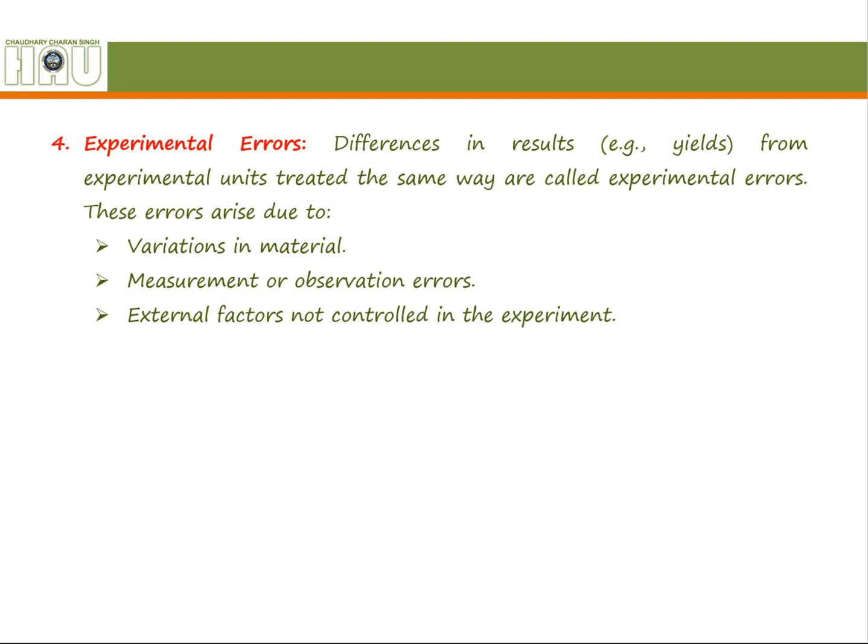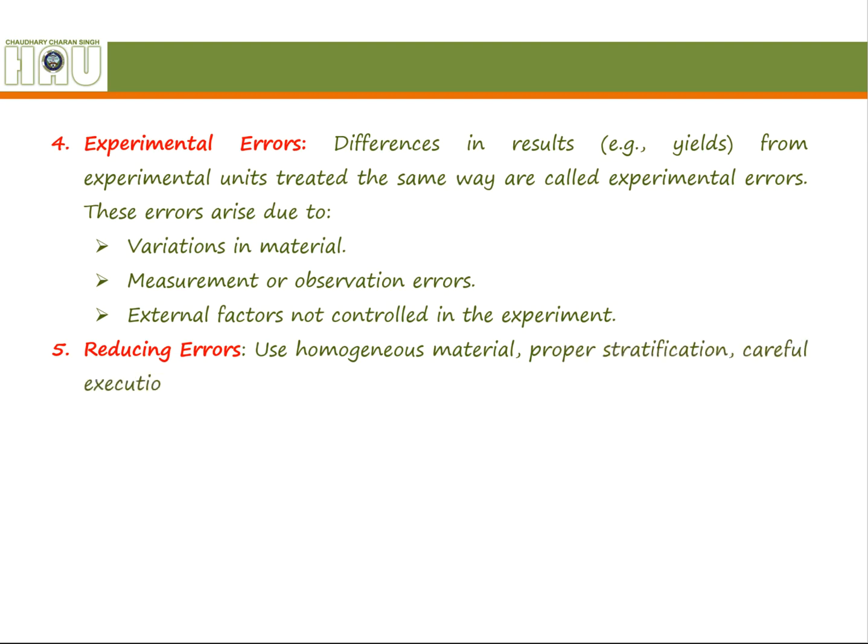So we try to reduce these experimental errors. How can you reduce them? You should use homogeneous material, proper stratification, careful execution, and efficient experimental planning can reduce these experimental errors.